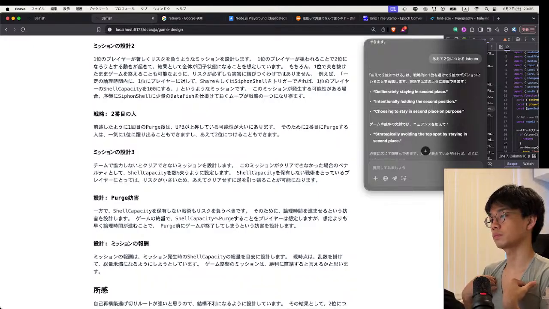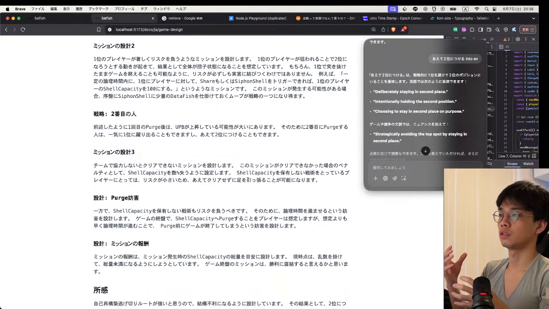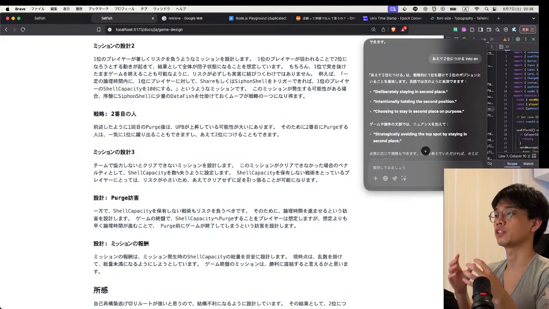So these kinds of players can fail the mission deliberately. This causes the teammates to lose shell capacity.